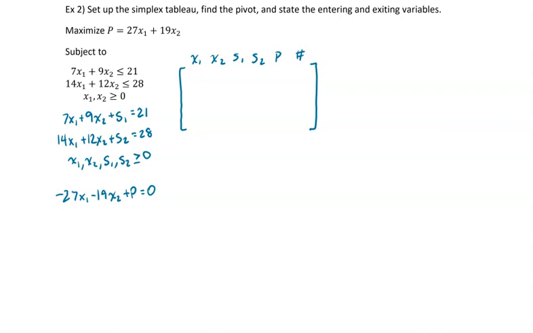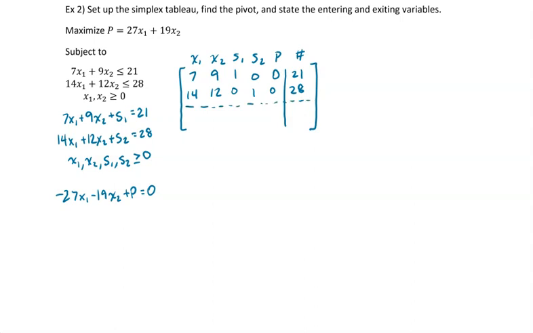All right, so if you start putting everything into it now, we start with the constraints. So again, we're going to start with the 7, 9, 1, there's no S2s, no P, and 21 will go on the side. Second constraint is 14, 12, 0 S1s, 1 S2, no P's, and a 28 on the other side.